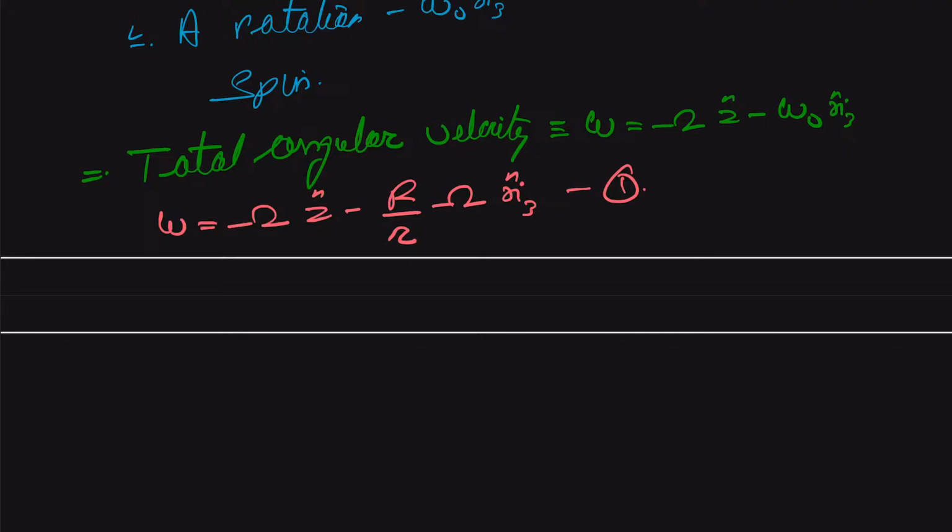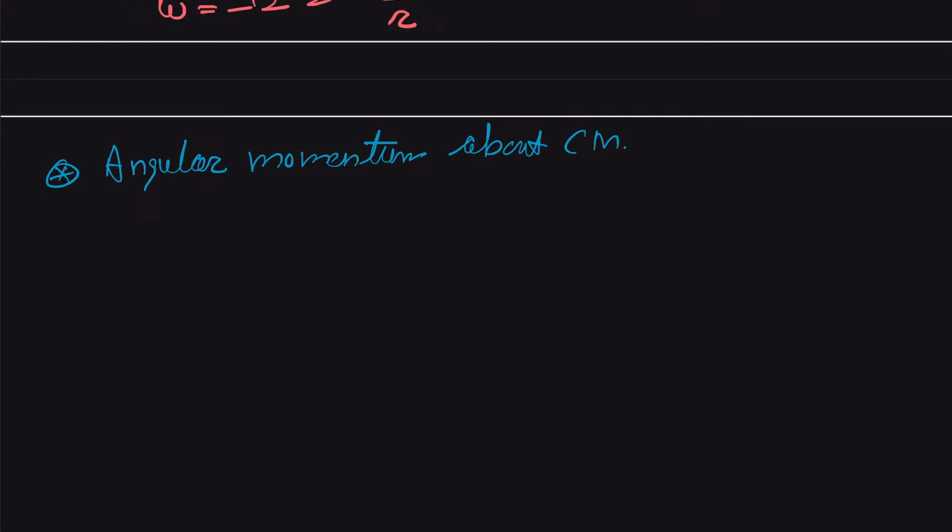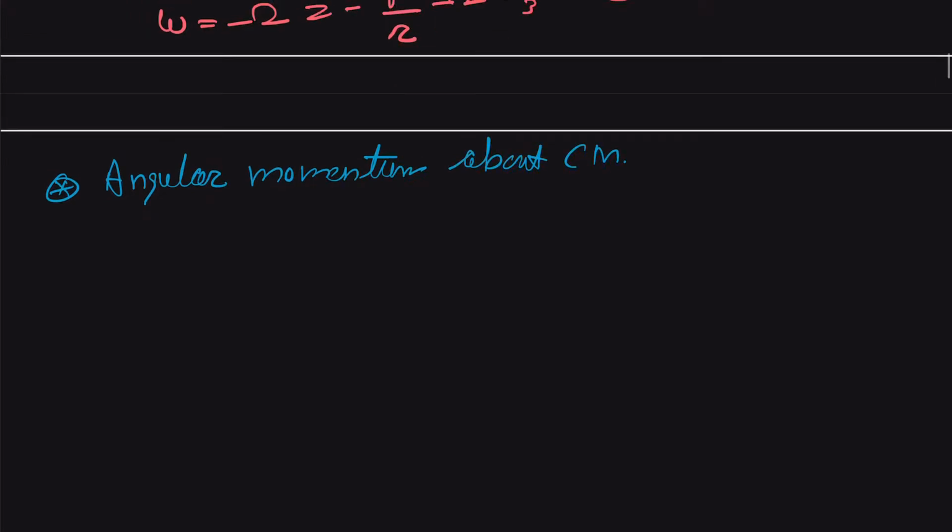Now we come about the angular momentum about the center of mass. The ball is spherical in nature and its moment of inertia is already given to us. So we can see its moment of inertia, which is our I, is equal to 2 by 3 mr square, that is given to us.